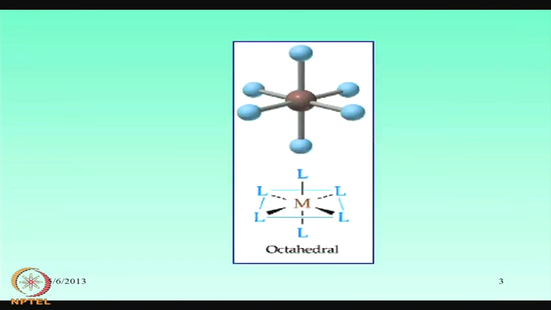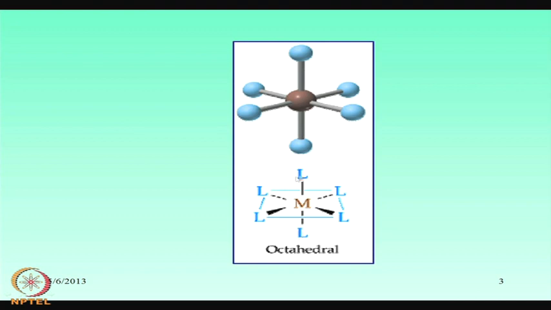So if we next move to the higher coordination number of 6, the most important geometry there is the octahedral geometry. Of the 6 ligand groups bound to the metal center, 4 will be in this particular plane, 1 above the plane and another below it.